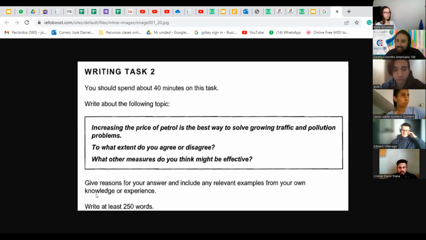But in the IELTS, they don't say around 250 words, they say at least 250 words, which means if you write 249 words, they would penalize you. I know it's silly, but it is what it is. The judges, the people who grade the test, will actually count word by word.